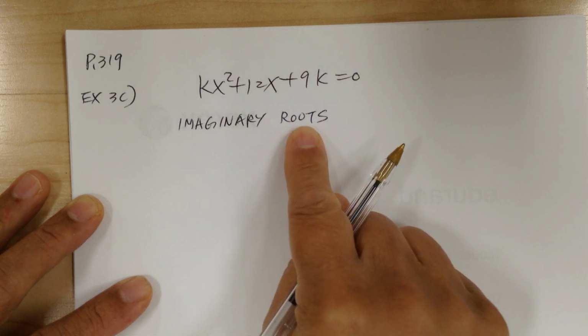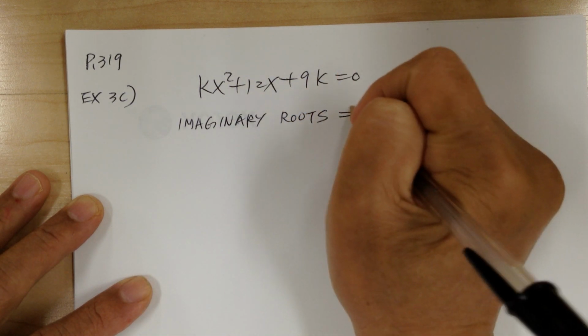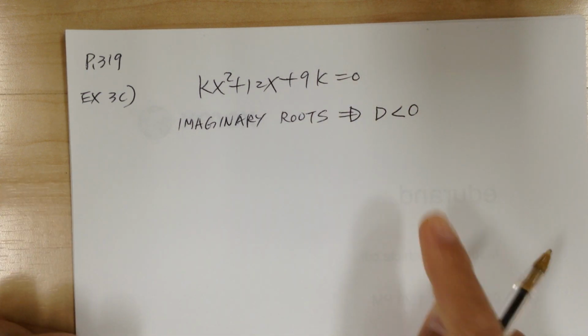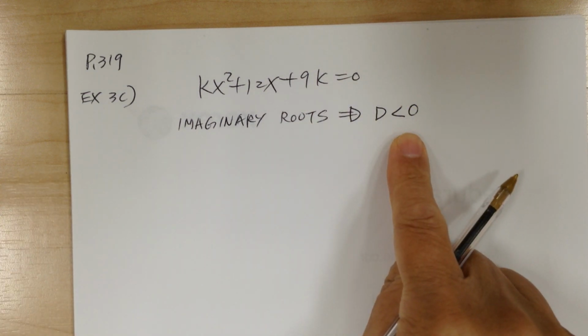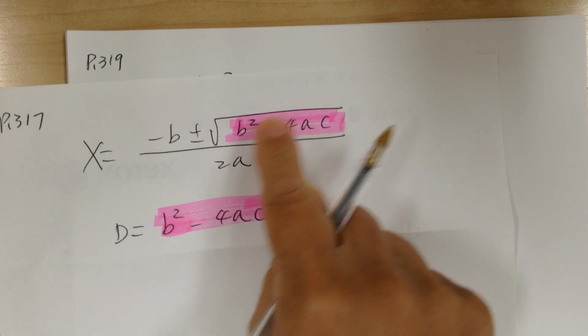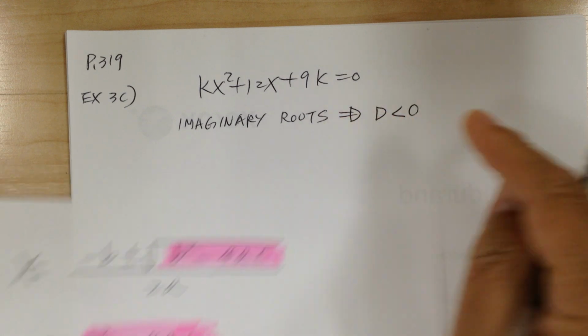If you're looking for imaginary roots, that means D has to be less than 0, right? Because D is the part inside the square root. So when this part is less than 0, you get the square root of a negative number, and that's where you get imaginary roots.